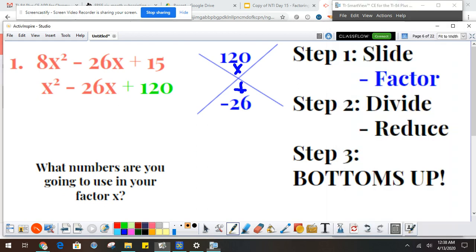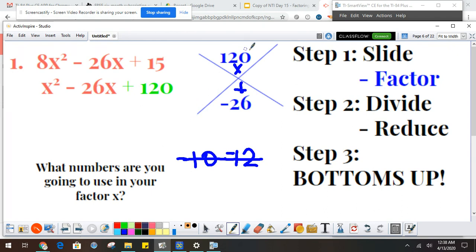So that means 10 times 12 is 120. But 10 plus 12 is not going to be 26. Let me try negatives. Negative 10, negative 12, because that also gives me positive 120. I still don't get negative 26 when I add them. So these two are out.